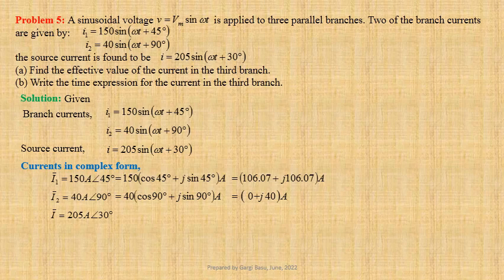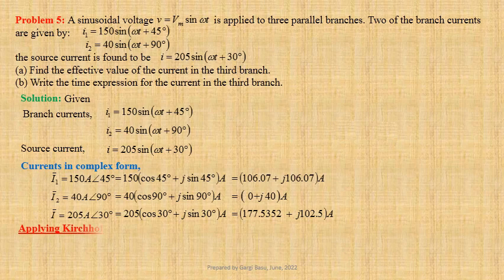This may be written in Cartesian form as 205 times cos of 30 degree plus j sin of 30 degree ampere, that is equal to 177.5352 plus j102.5 ampere. While writing the currents in polar form, we have used peak values because finally we have to write the time expression for the current flowing through the third branch.